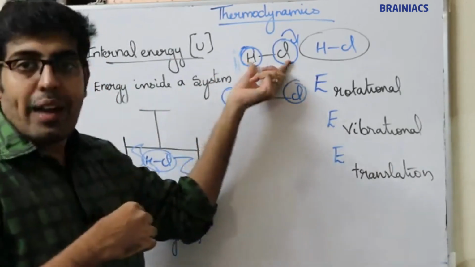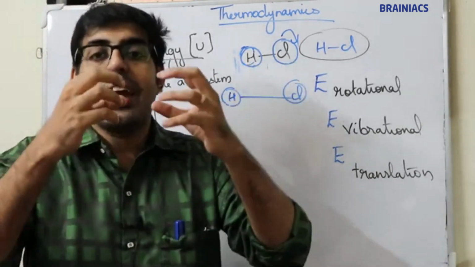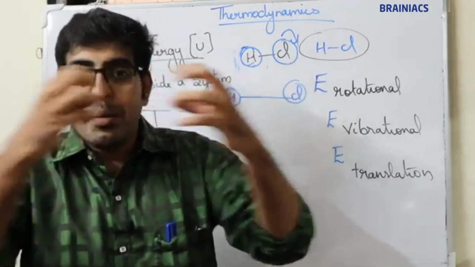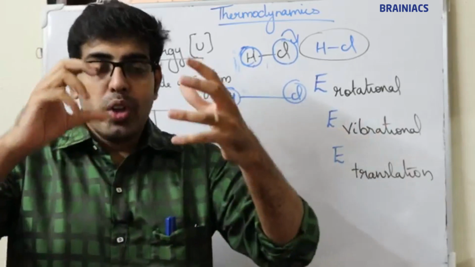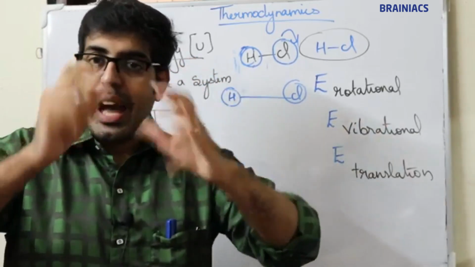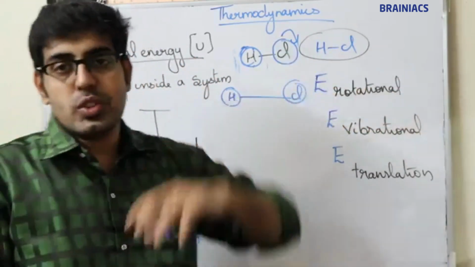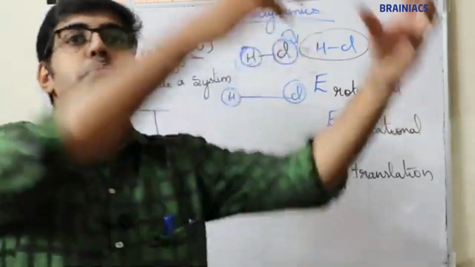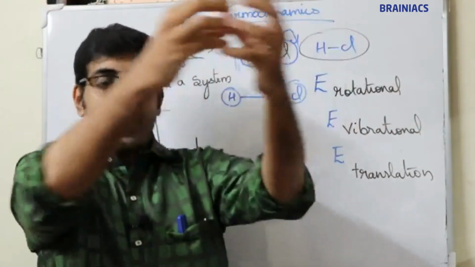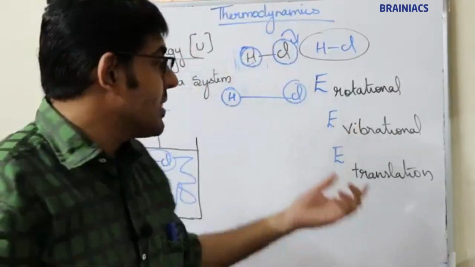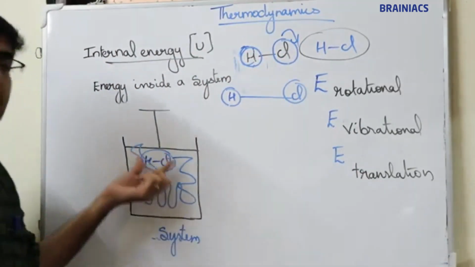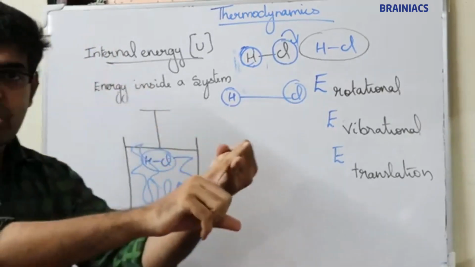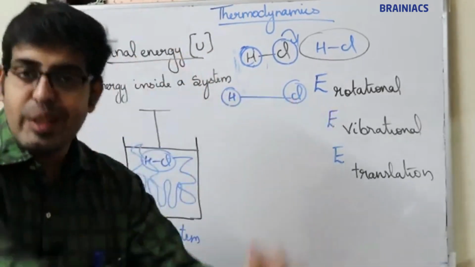Both atoms can vibrate about their mean position, producing vibrational energy. Both atoms can rotate, producing rotational energy. The molecule can move, producing translation energy.